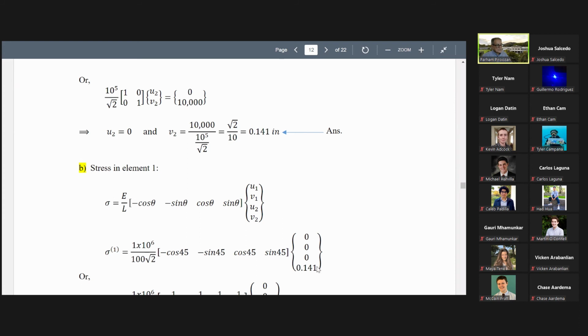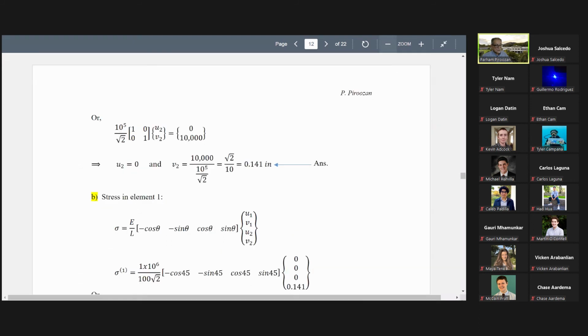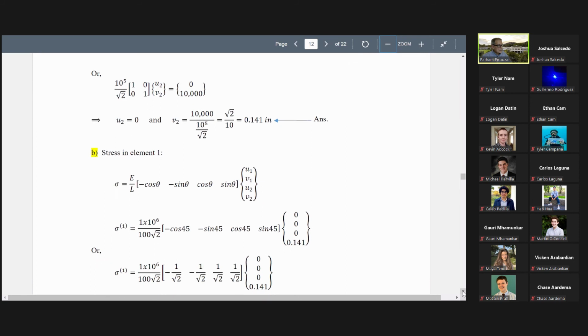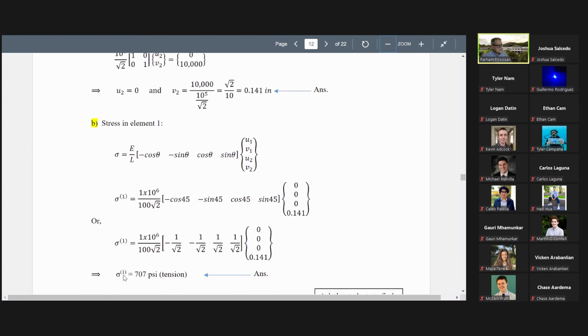U1, V1 is 0, it is pinned, and U2, 0, V2, we solve it here, U2 and V2. V2 goes here, 0.141. Just multiplying this, we get 707 PSI, and it is in tension, and it makes sense.